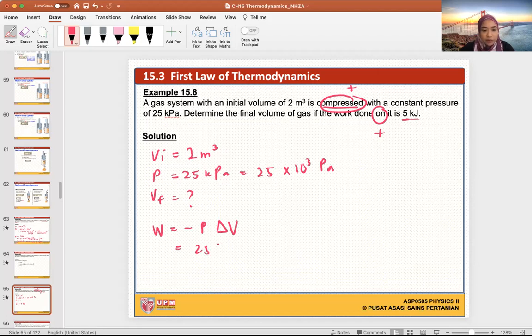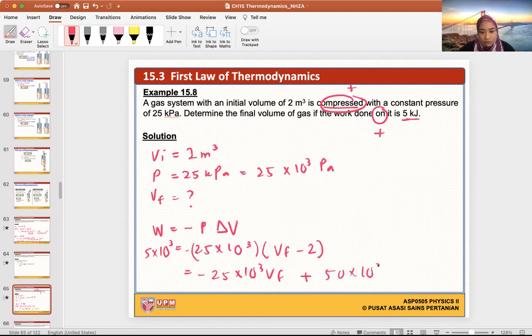Our P is 25 times 10 to the 3, times V final minus V initial, which is 2. And we know the work done is 5 kilojoules, so 5 times 10 to the 3. So we have to work it out. So that is 25 times 10 to the 3, just do it. V final minus 2, so plus 25... so that is 50 times 10 to the 3.